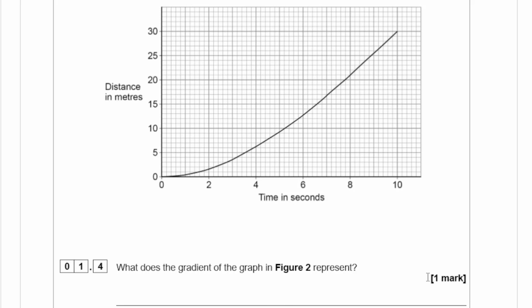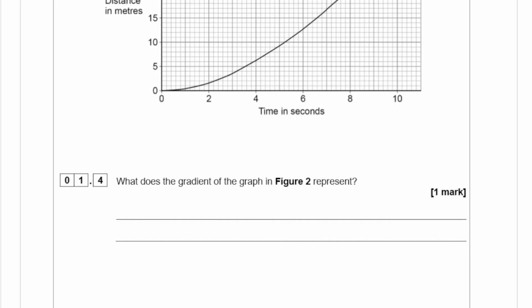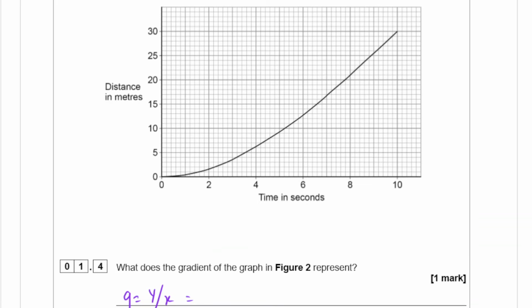Now remember, the gradient of any graph is equal to the y-axis value divided by the x-axis. Here, the y-axis value is the distance in meters, and the x-axis is the time.